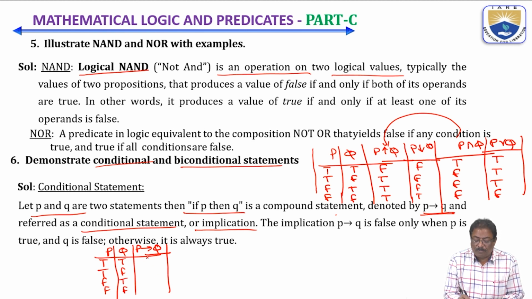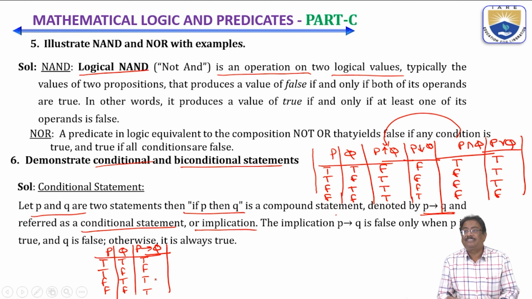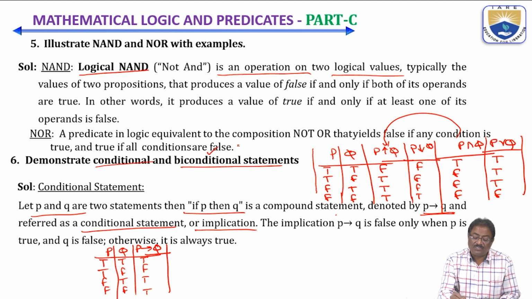If both are true, then automatically it is true, and if one is true and one is false, then it will be false. And next false, true, then it will be true. False, false, it is true. So this is the truth table regarding the implication or conditional statement. And another one is a biconditional statement.